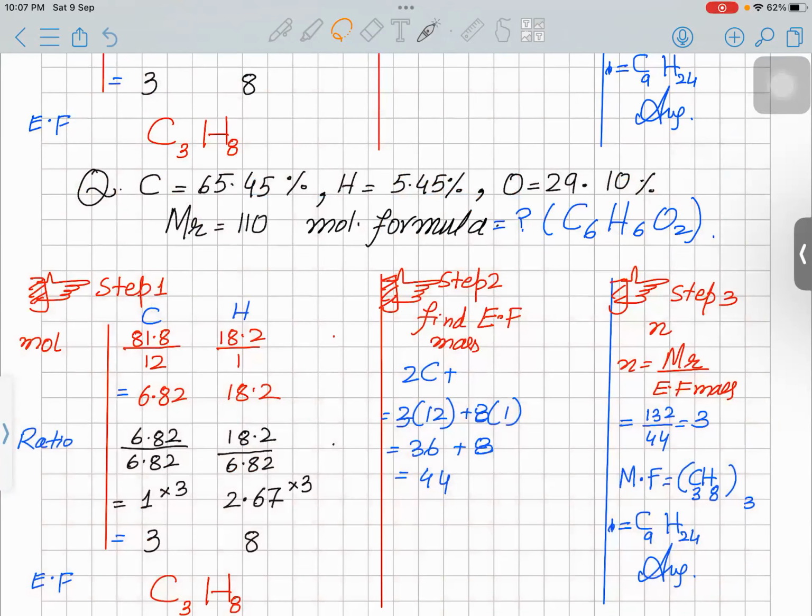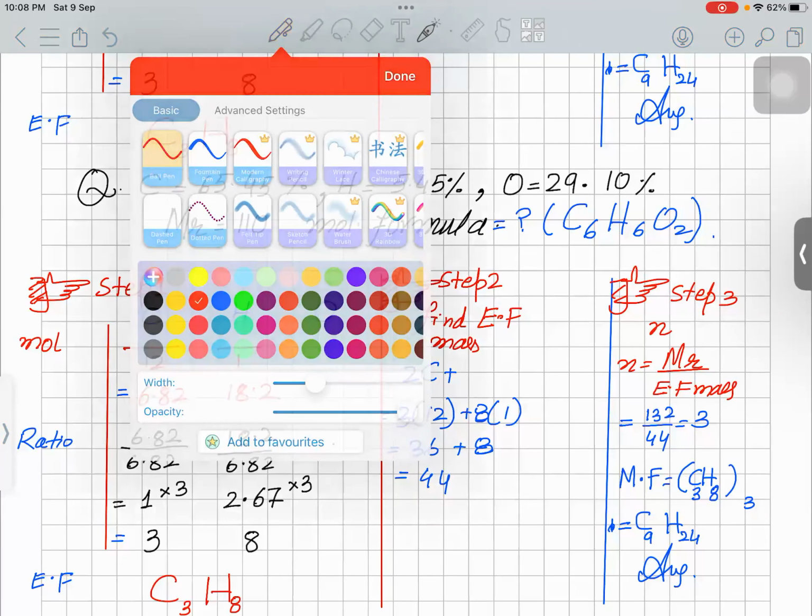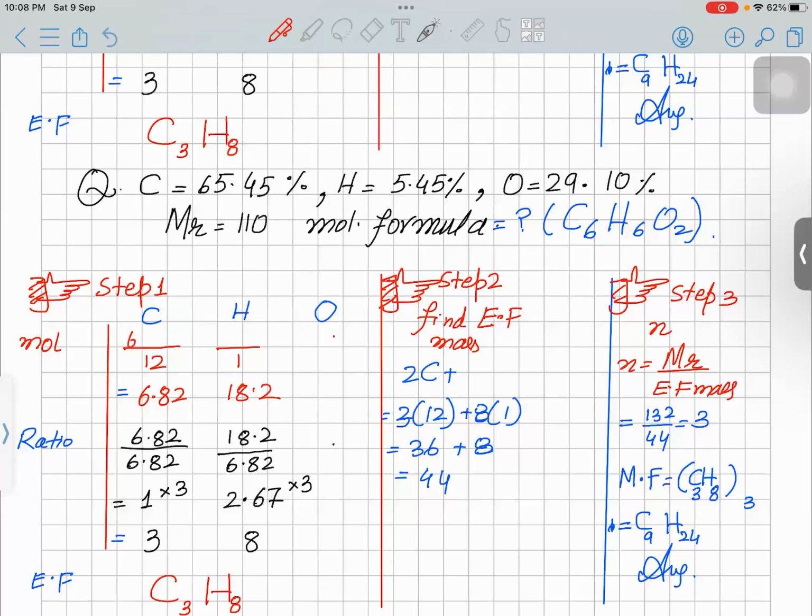Now step 1: carbon 65.45, hydrogen 5.45, oxygen 29.10 divided by 16.